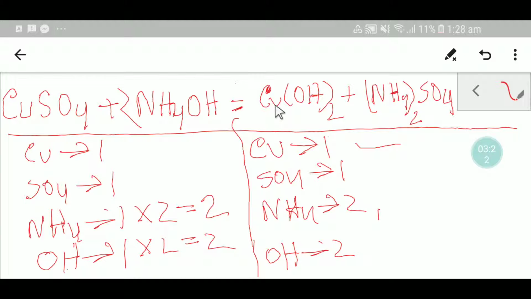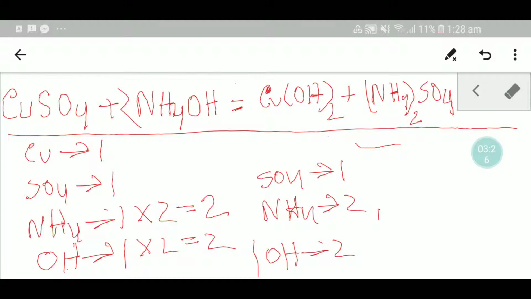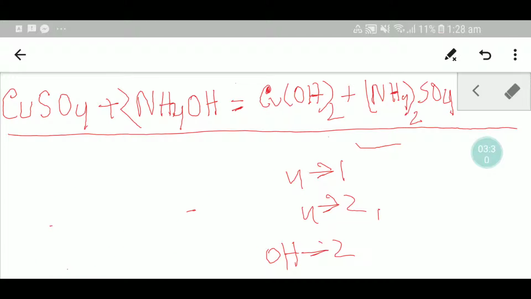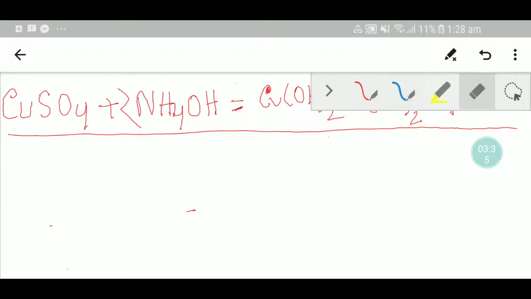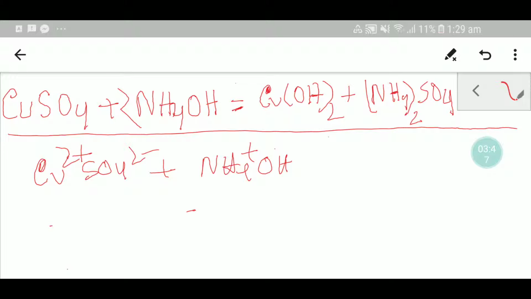Okay, let me show you the second way to balance this reaction easily, right? So for this I have to erase this portion. Okay, how to do this? Copper 2 plus, right? This is sulfate plus ammonium hydroxide, right?